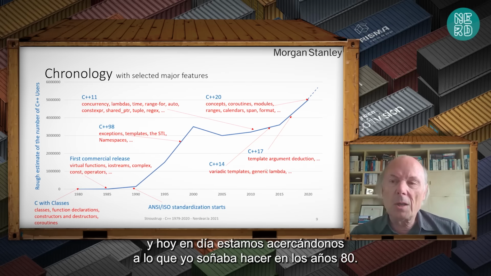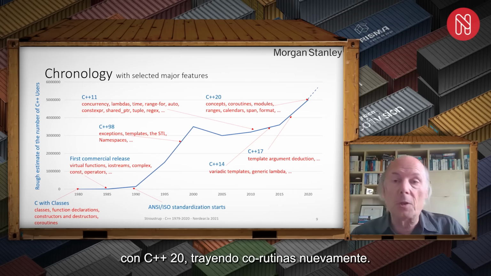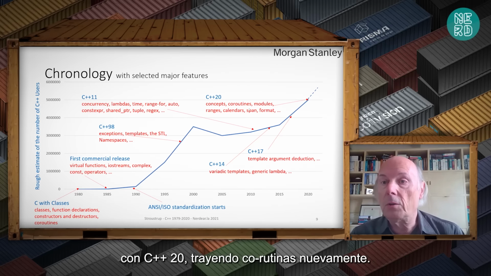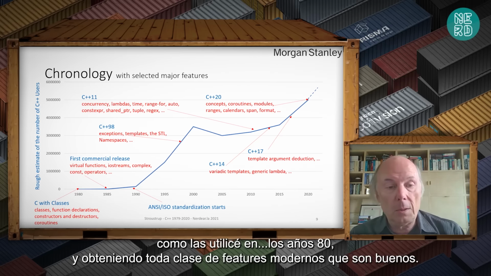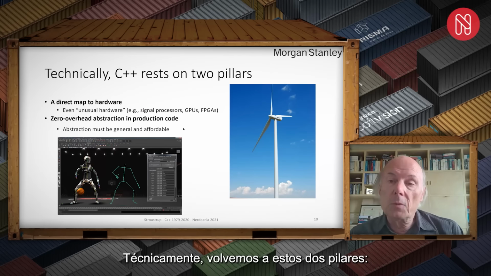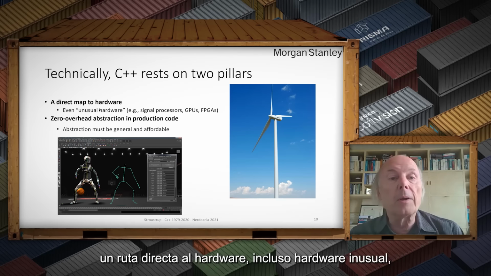And we're now getting pretty close to what I was dreaming about in the 80s, with C++20 bringing back coroutines as I used them in the 80s and getting all kinds of new modern features that are good. Technically, we're still back to these two pillars: a direct map to hardware, even unusual hardware.